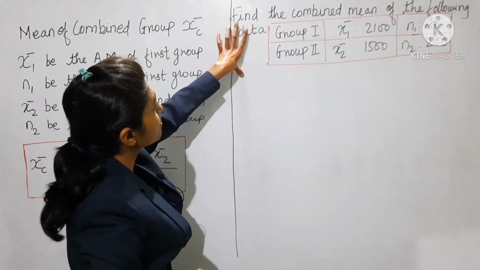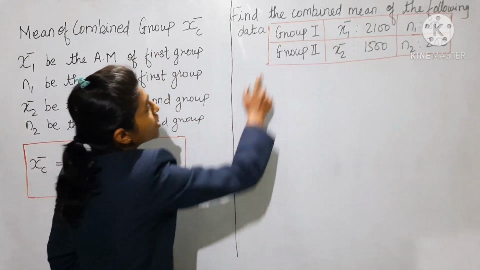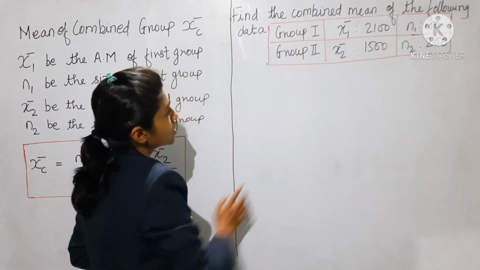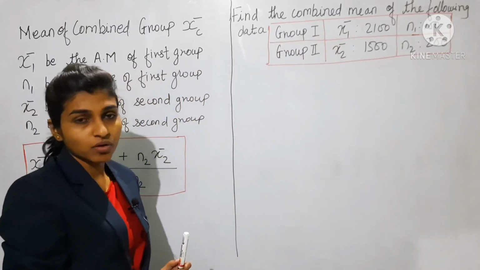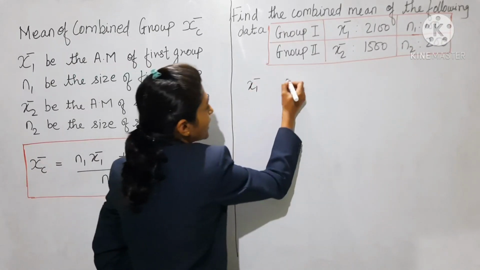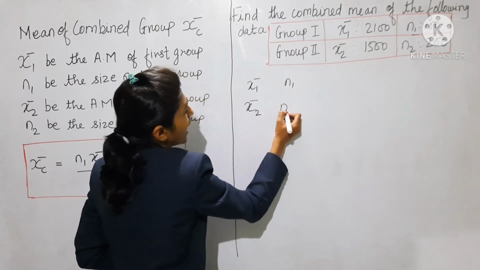The example is: find the combined mean of the following data. Group 1 and group 2 are given. For group 1 you write x bar 1 and n1, and for group 2, x bar 2 and n2.